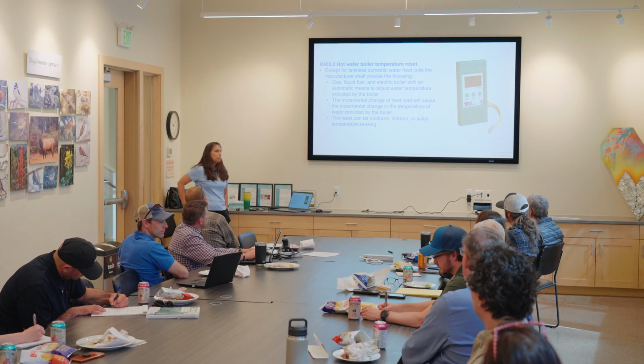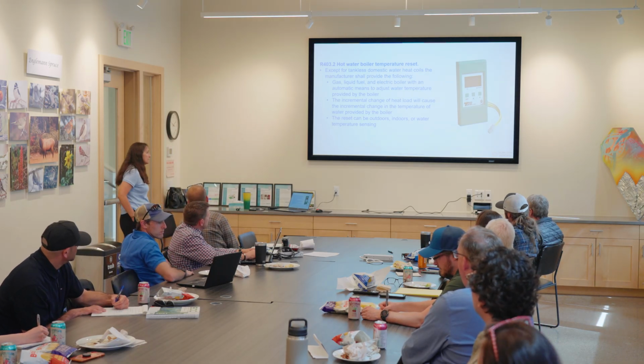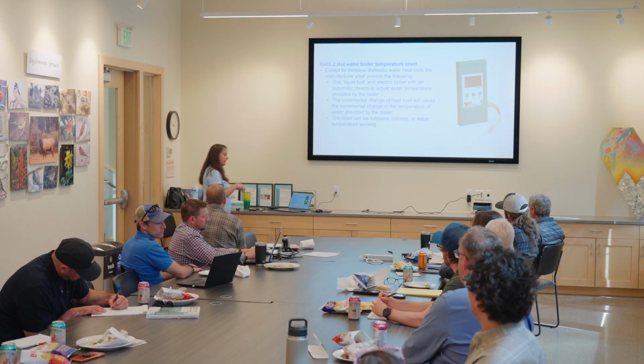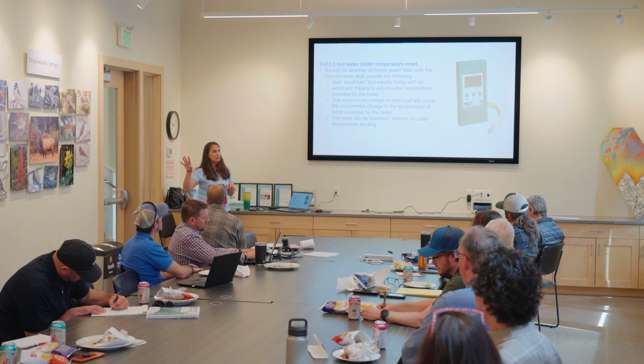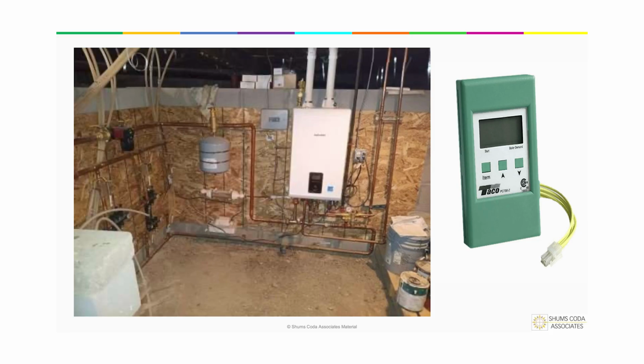So basically what this section is talking about is it's going to allow for some of the changes, but you're going to have a monitor that's going to be located outside.